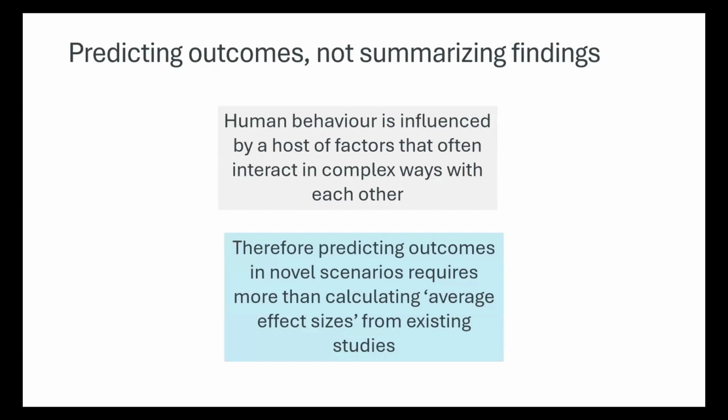So what we're trying to do is to go beyond the average effect size from existing studies to predicting what we think is going to happen in what will inevitably be a novel scenario, however similar it might be to some of the studies that have been done where we, in randomized trials, for example, evaluated outcomes. It won't be exactly the same.